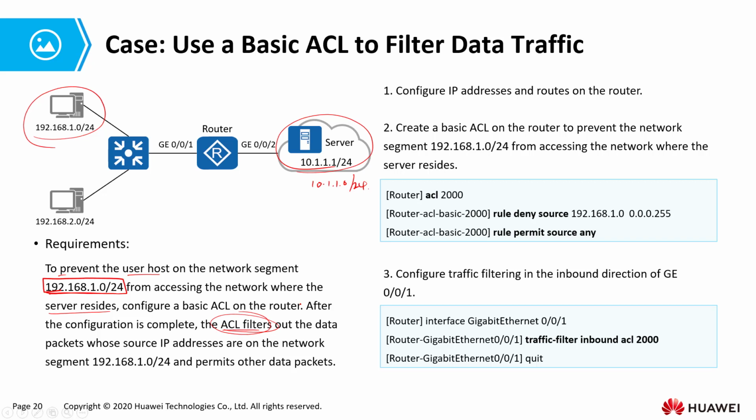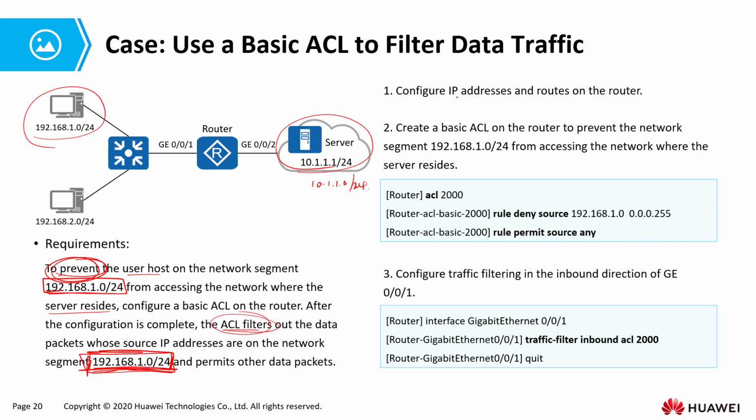We talked about that. Or excuse me, all data packets that are from this network will be denied. They will not be permitted. Excuse me, that's what we want. We want to prevent that, and then all other data packets will be permitted. Sorry about that confusion.